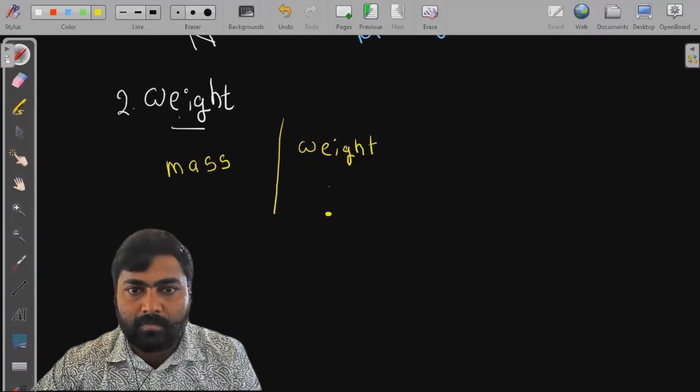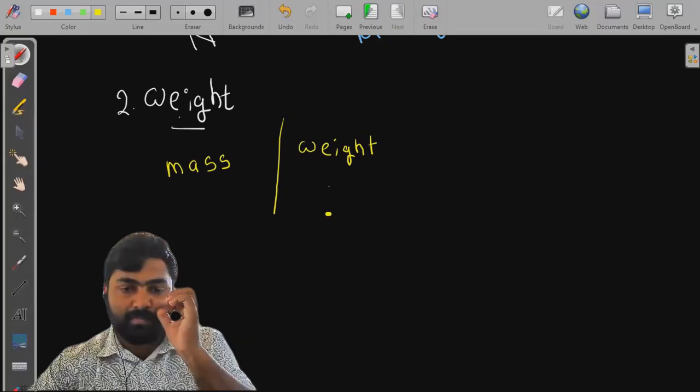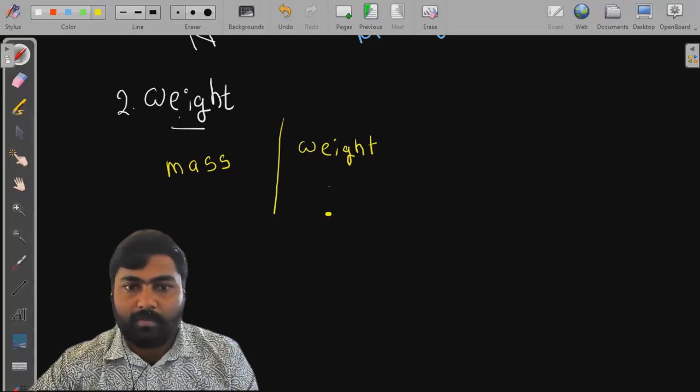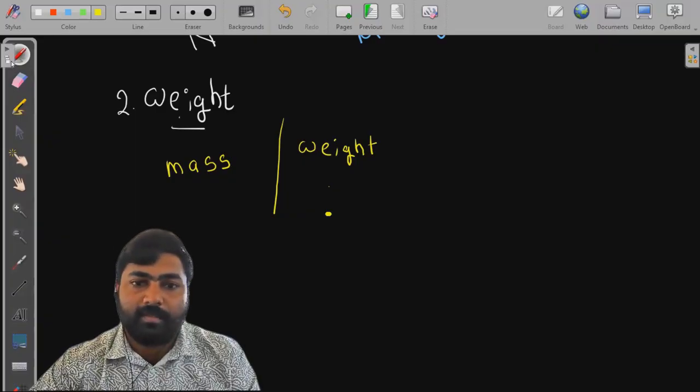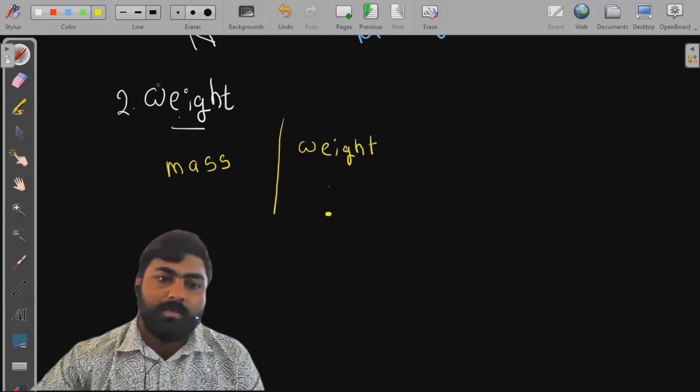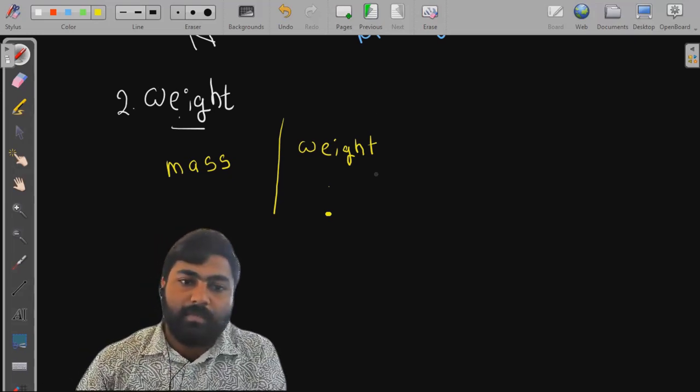Then weight. What is the unit of weight? Mg? No, not mg. The unit of weight is not mg. Mg means the symbol or the equation.